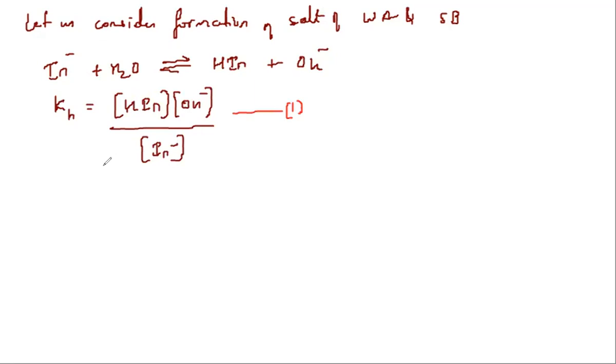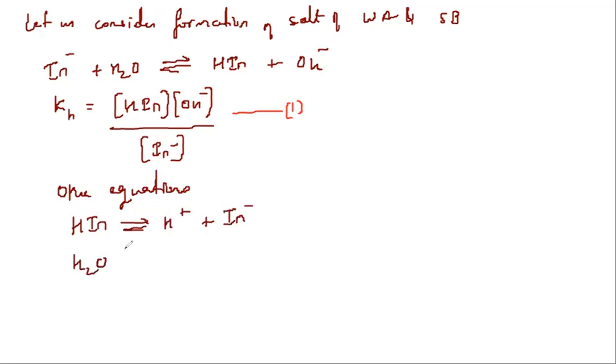Now, other equations present in the solution. When they gave us the solutions, what are the other equations? Let us see what all happens here. One expectation is that HIn may dissociate to give me H plus plus In minus. Or H2O may dissociate to give me H plus plus OH minus.